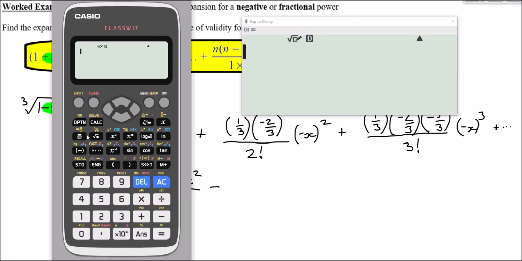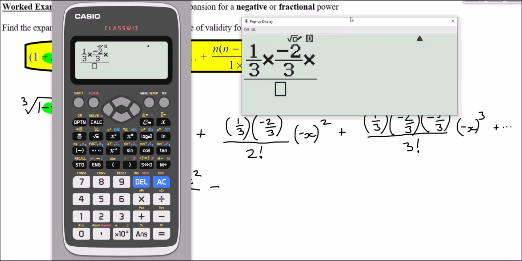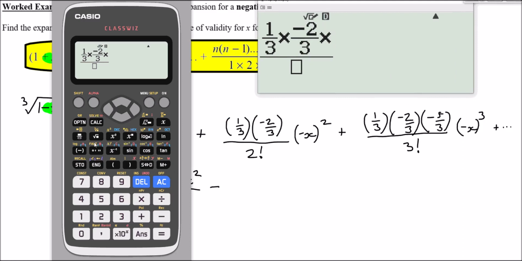On a calculator, what we could do is this: 1/3 times minus 2/3 multiplied by minus 5/3, and all of that over 3 factorial. We get 5 over 81, so it's minus 5x cubed over 81.